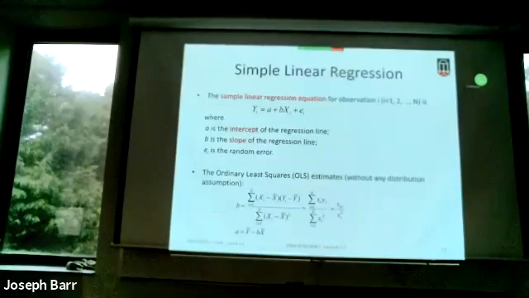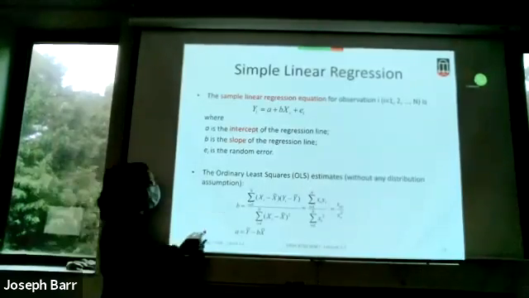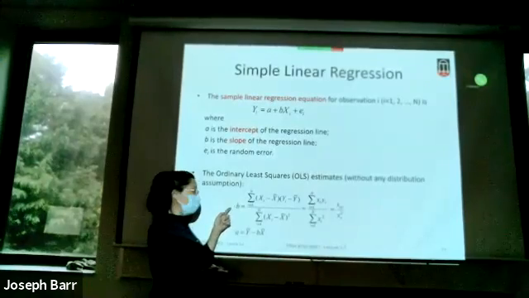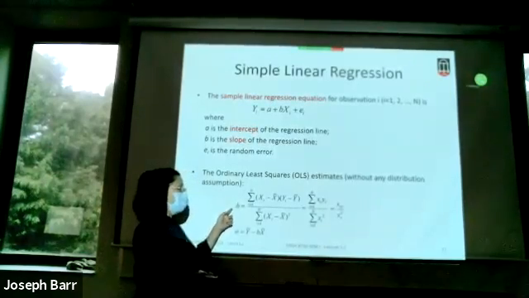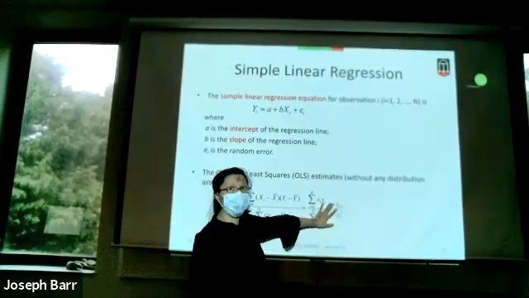After you do that calculation, that is the final solution. B is estimated like this ratio.